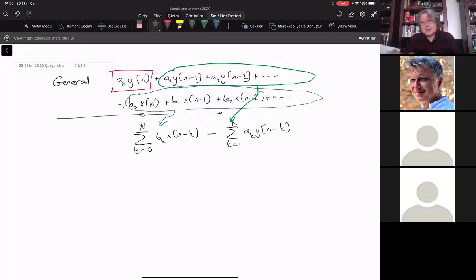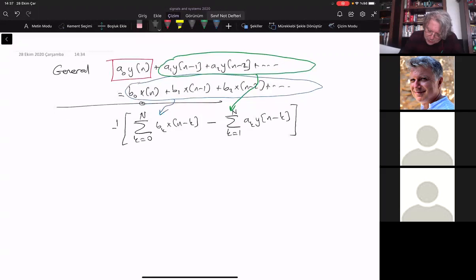Okay? So those are the things that I will subtract. Then I will put everything into very large parentheses, and I will multiply everything by 1 over A0, or divide by A0, in other words, and that will be equal to y[n]. You see that?